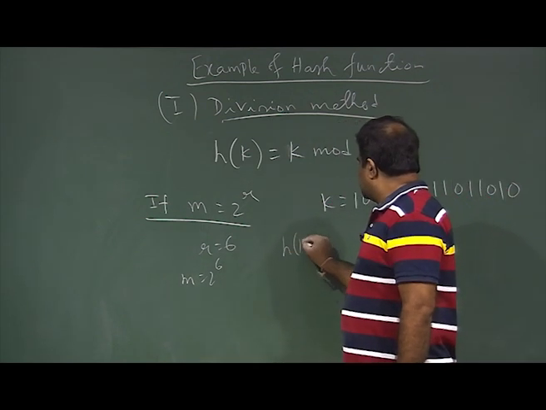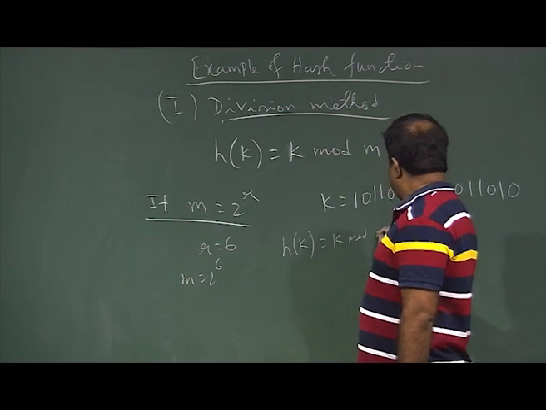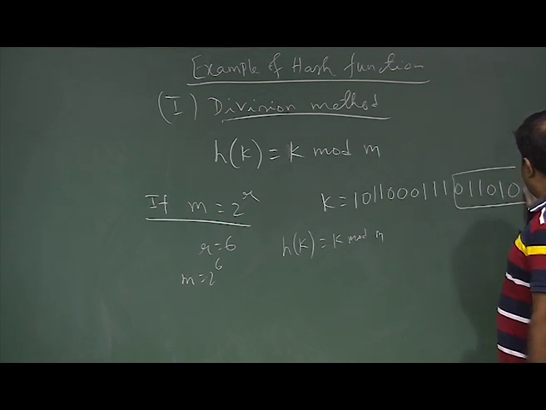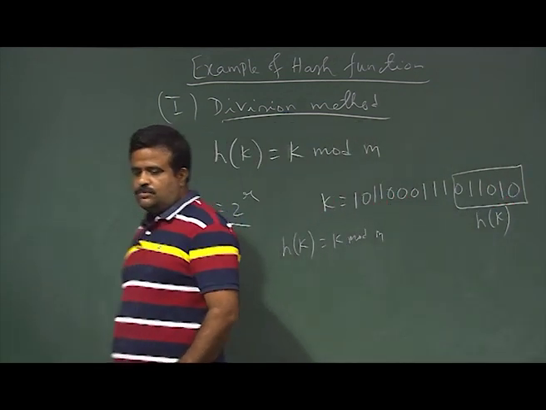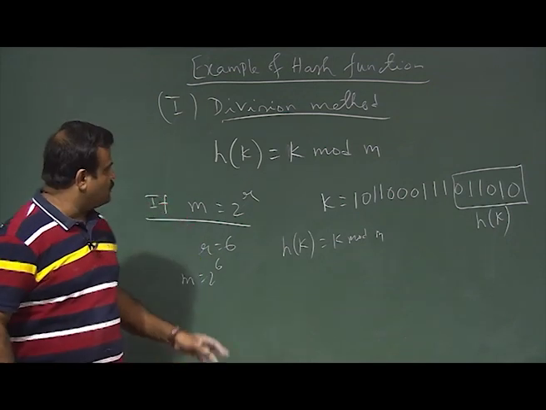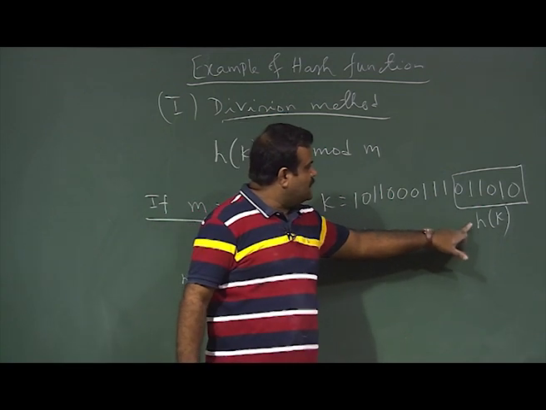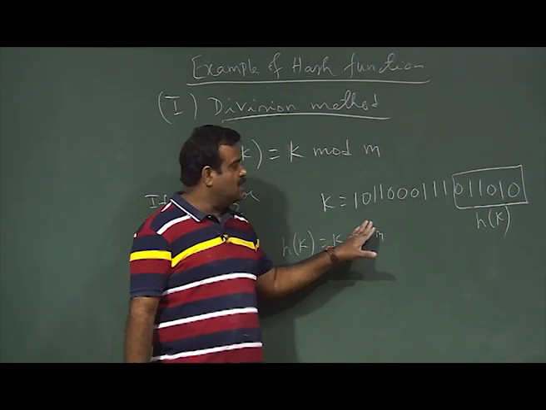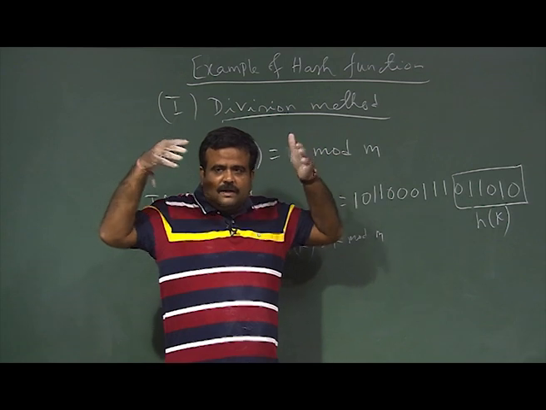Then what is h of k? h of k is k mod m, which is just the last 6 bits. It does not matter what the other bit values are. If we take any bit that differs over here, they all collide to the same slot.